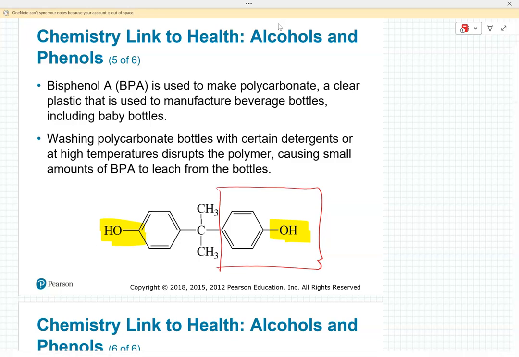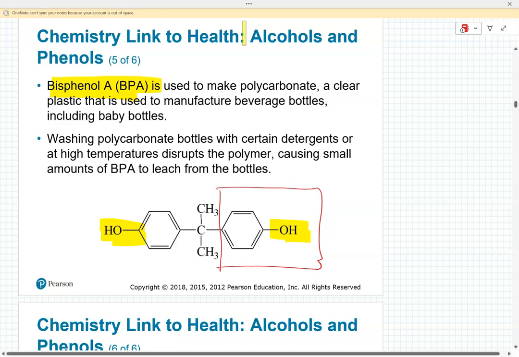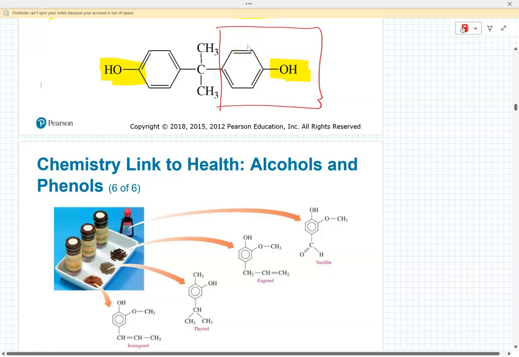And it was discovered that if you wash such a bottle, very small amounts of bisphenol A will leak from the bottles into the water that you drink.